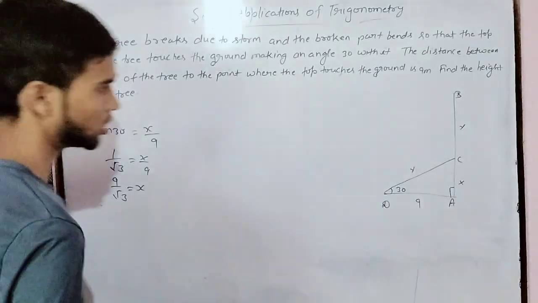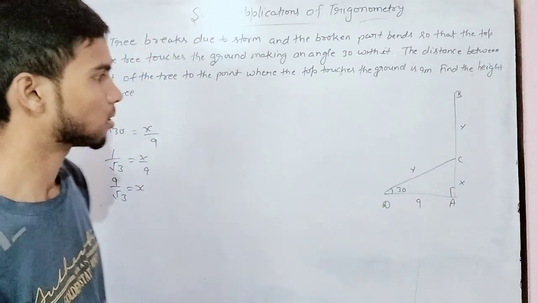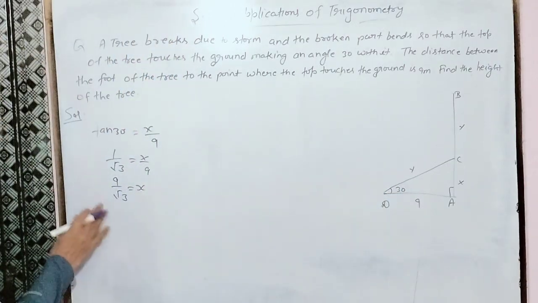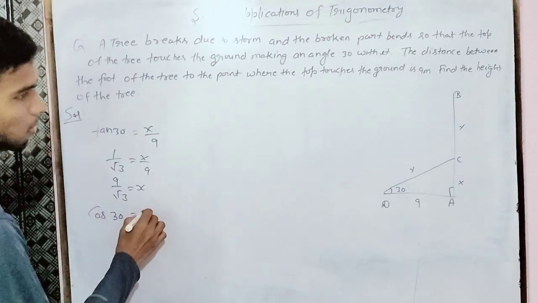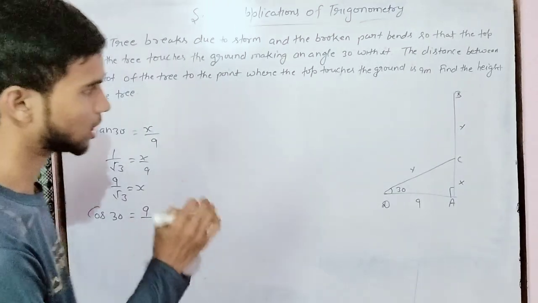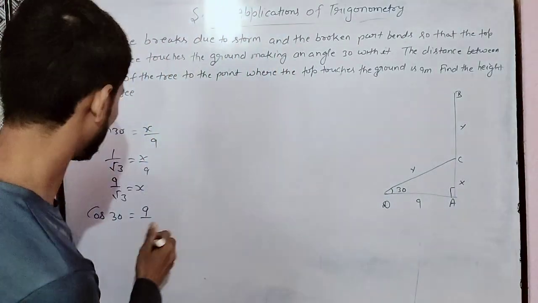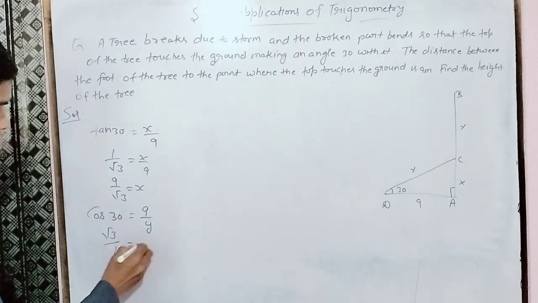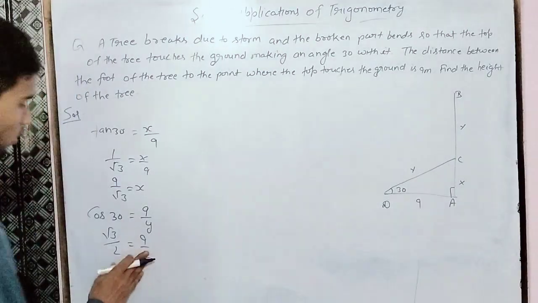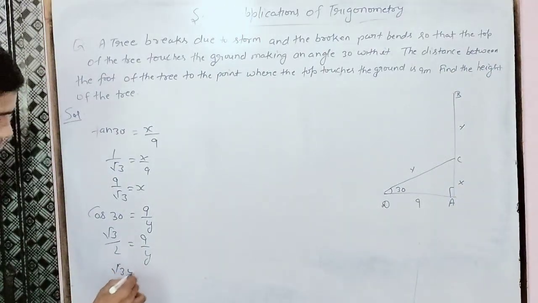So here we have b upon p. So cos 30 is b upon p, 9 upon y. So root 3 by 2 is equal to 9 upon y. From here you are getting root 3 y is 18.